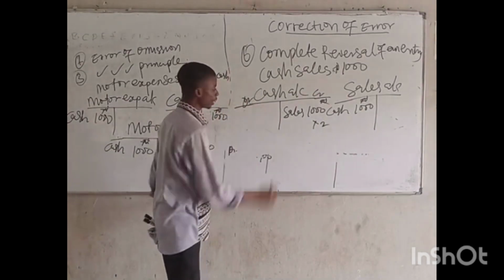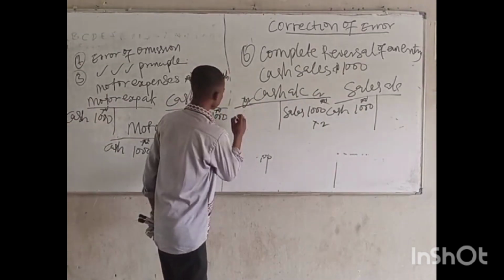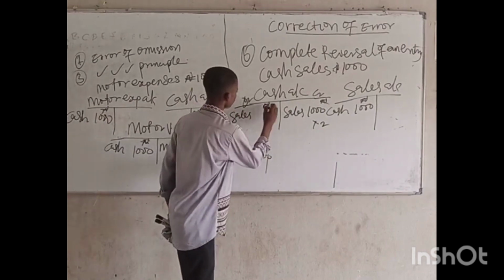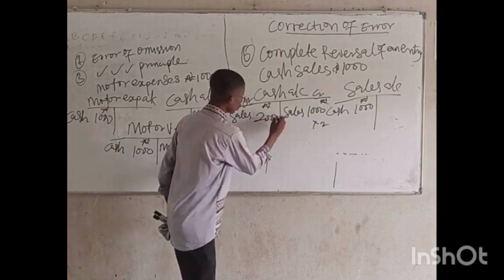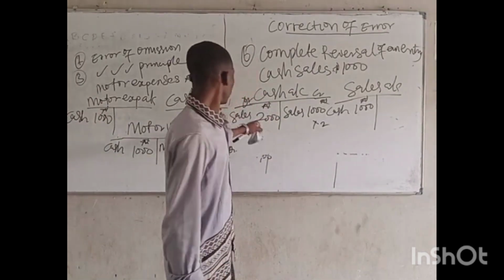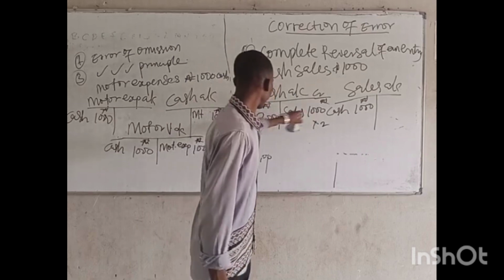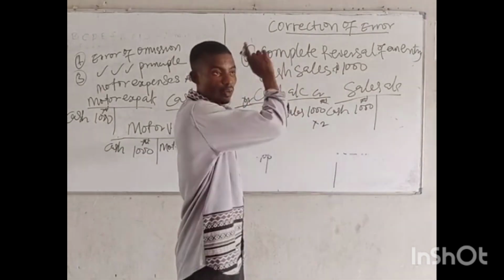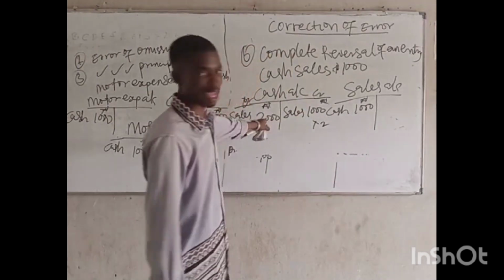So when you come over to the debit side, you now have sales 2,000 naira. What happens here is that 1,000 naira here will cancel out 1,000 naira here, remaining the original 1,000 naira that's supposed to be here.